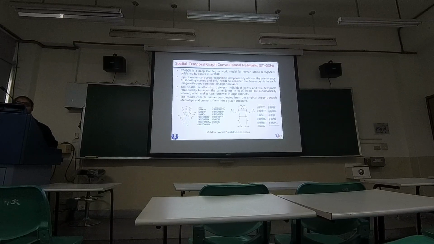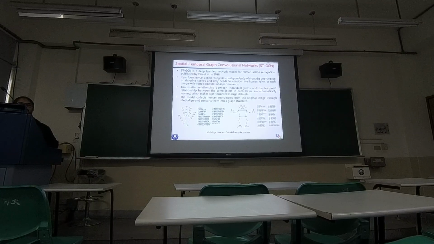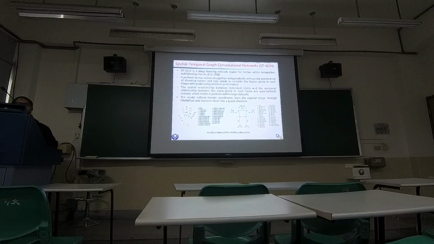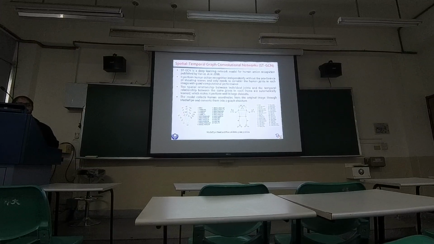It performs human action recognition independently without the interference of shooting scenes, and only needs to consider the human joints in each image, with good computational performance. The spatial relationship between the individual joints and the temporal relationship between the same joint in each frame are automatically learned, which makes it perform well on large data sets.